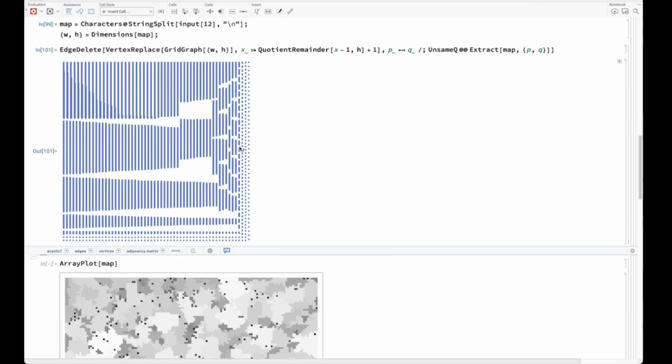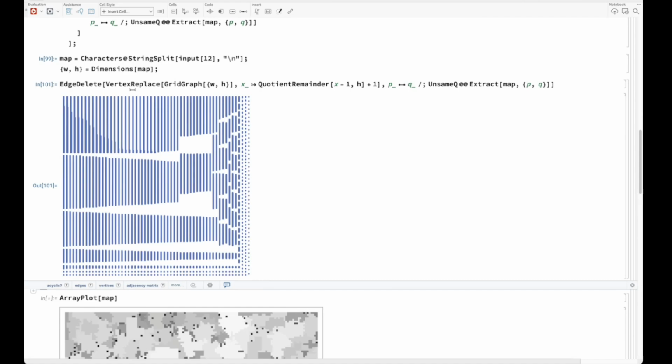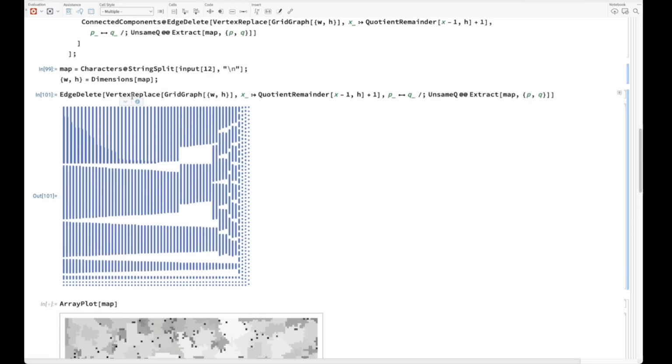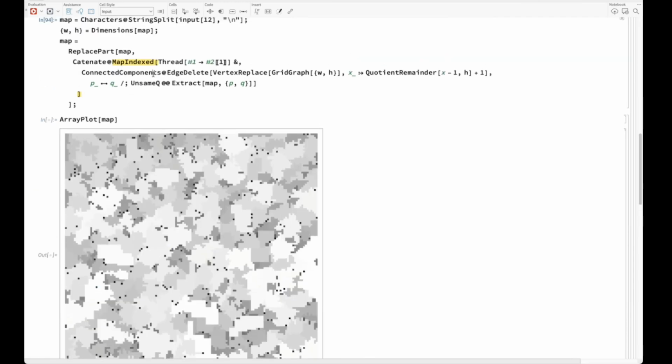Most of them are just path graphs, maybe a little bit more complicated than that. But the point is that you can then just take the connected components, and that would be exactly the regions that you require, and in that way you can separate all the regions from the map.